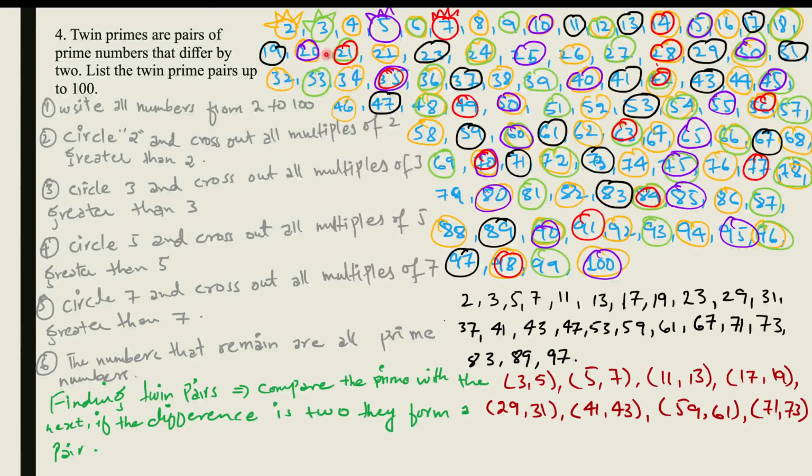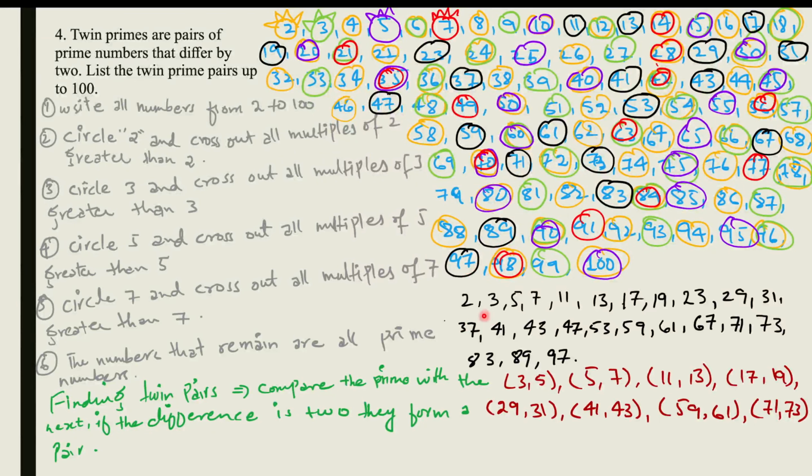The ones that remain are circled in black color. So we have 2, 3, 5, and 7, the starting prime numbers, and then we have 11, 13, 17, 19, 23, 29, 31, 37, 41, 43, 47, 53, 59, 61, 67, 71, 73, 79, 83, 89, and 97.